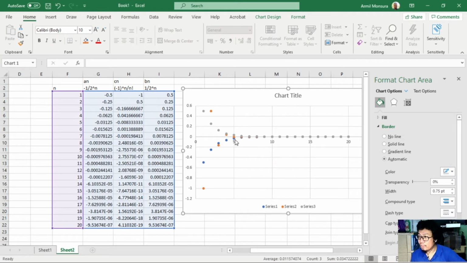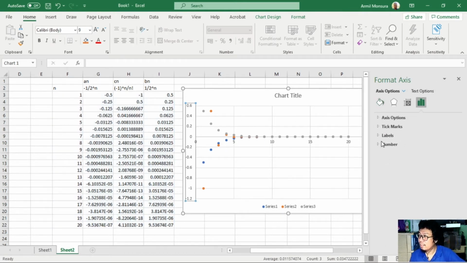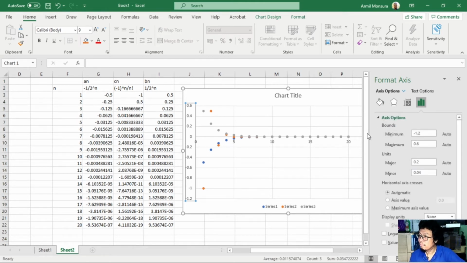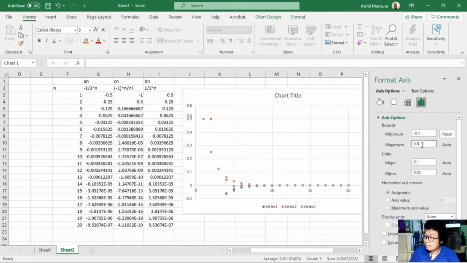Now you can see the other details if you change the scale of your chart. Let's make this negative 0.1 and positive 0.1, and you will be able to see more details.